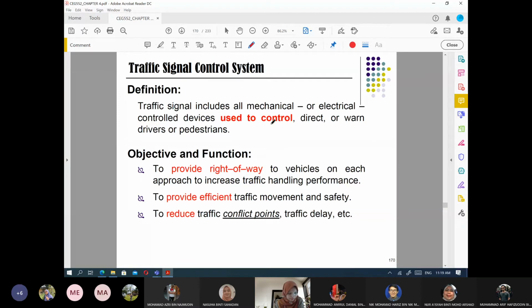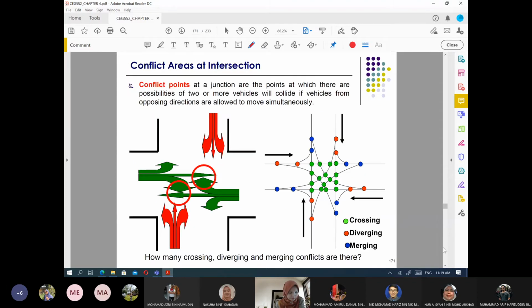Definition dia kata di sini includes mechanical or electrical, okay, control device used to control, to direct or to warn drivers or pedestrian. Okay, kalau direct tu masa lampu hijau lah, warn tu masa lampu amber ataupun kuning. Alright, control tu when it is red color. Okay, that is the definition.